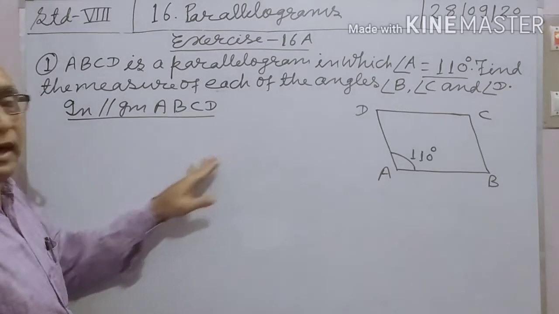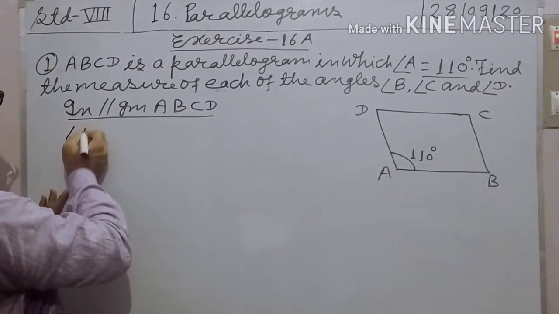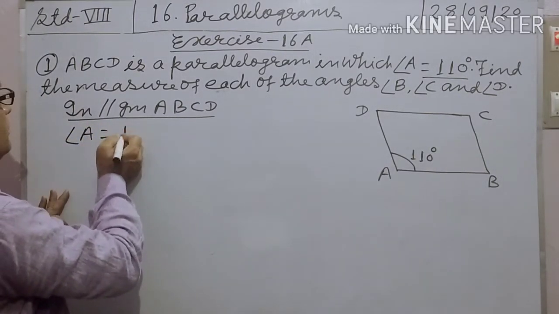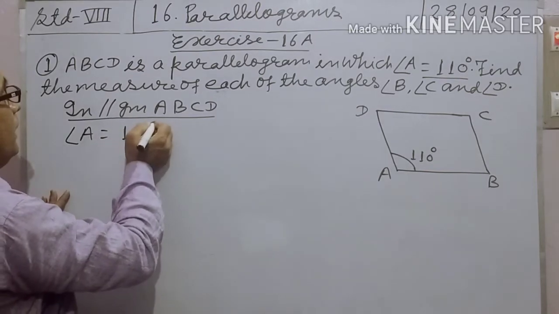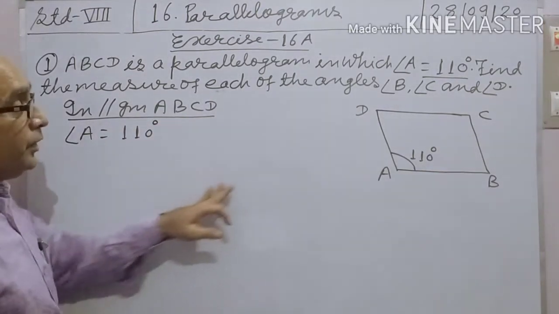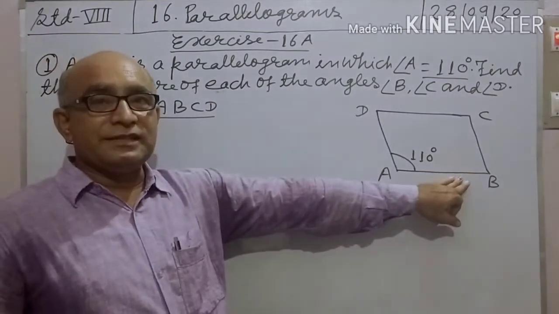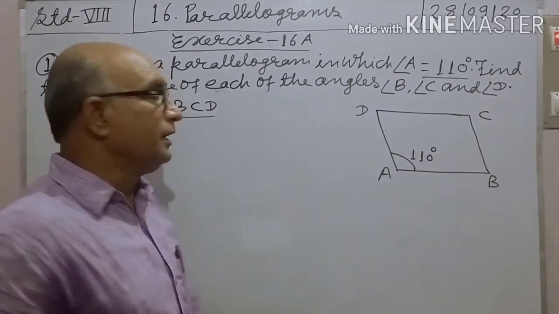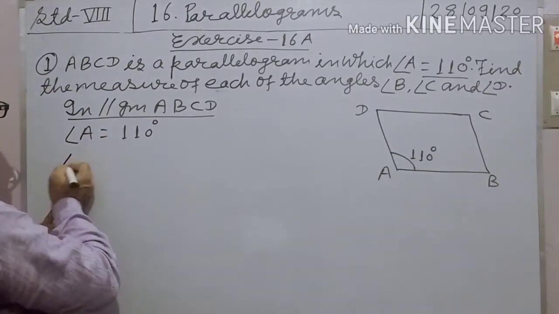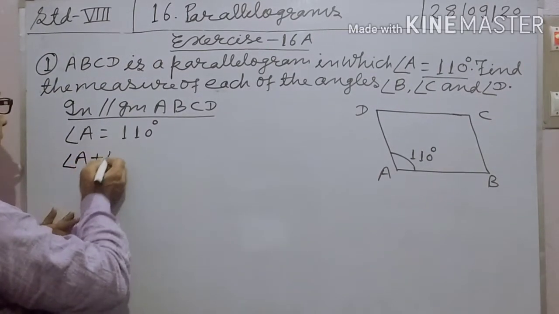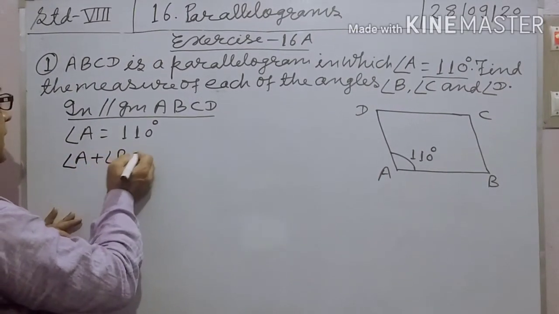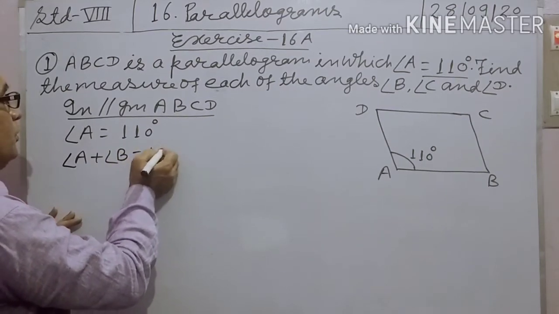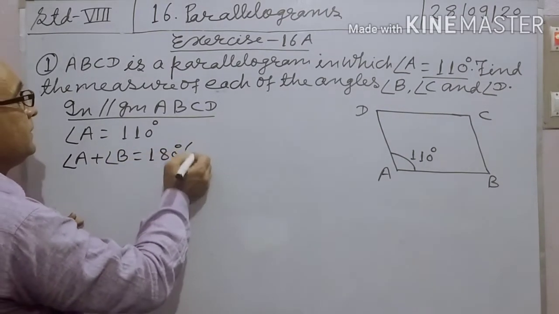In parallelogram ABCD, angle A equals 110 degrees. We know that the sum of adjacent angles is 180 degrees. So angle A plus angle B equals 180 degrees.